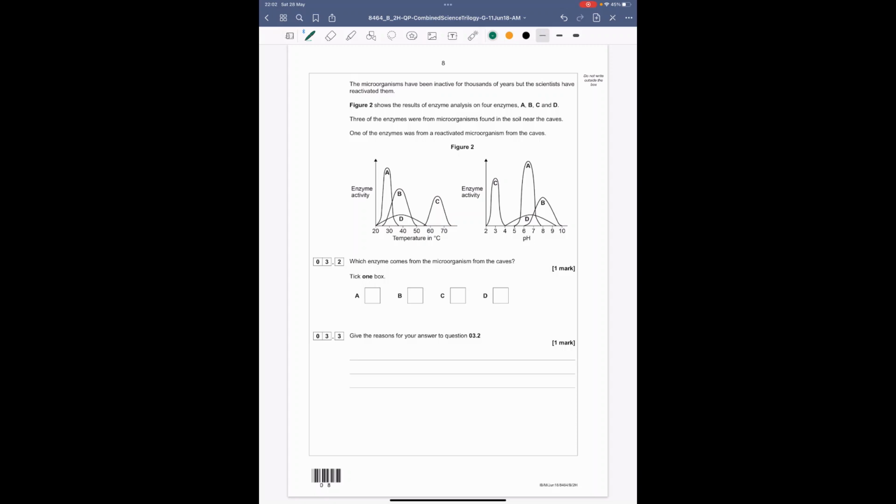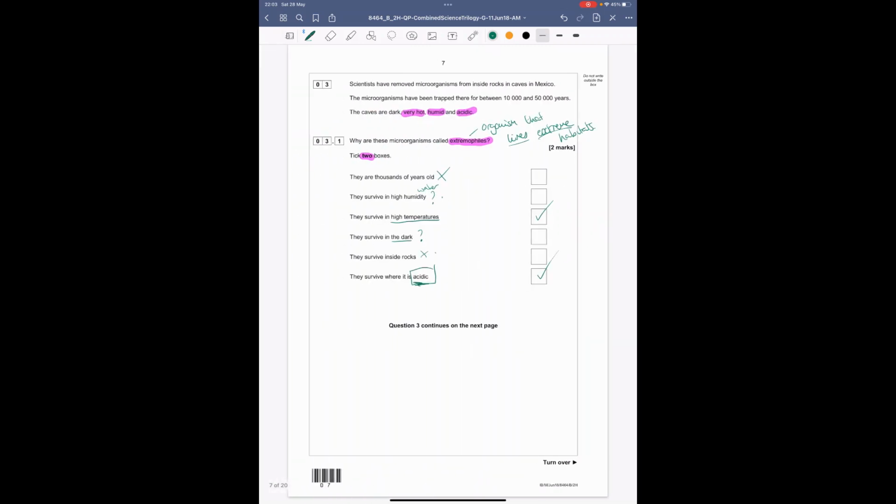Which enzyme comes from the microorganism from the cave? Okay, we've got our enzyme graphs here showing how they perform in temperature and pH. So for this question, we're going to have to look for a hint. Now, I can't see any clear hint at the top part of this question, so we can always go back. Good exam technique, the questions always flow, so look where there might be a hint.